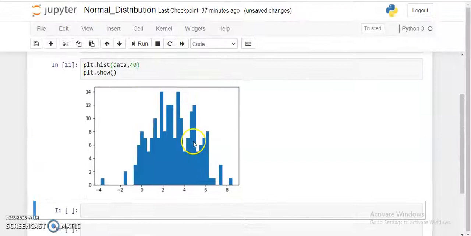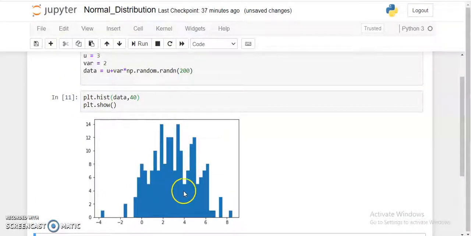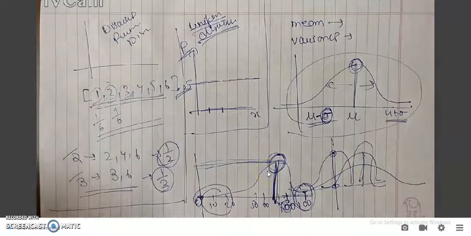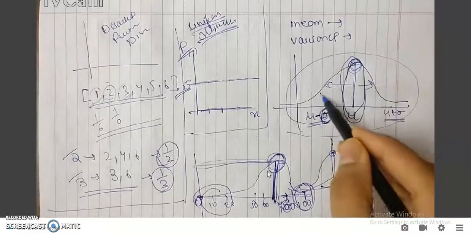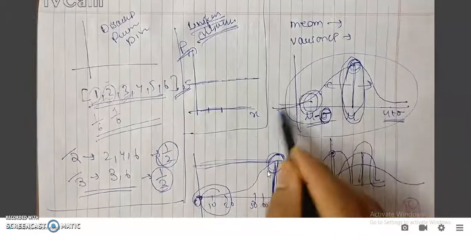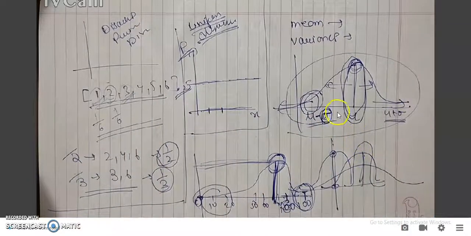Now as you can see here, the mean is 3, and the variance is around 2. You can clearly see from here, right? So this is what the data is about, and the density is much larger around the mean. Definitely we can say the density would be higher around the mean and lower if we go beyond the variance, on both sides, right?